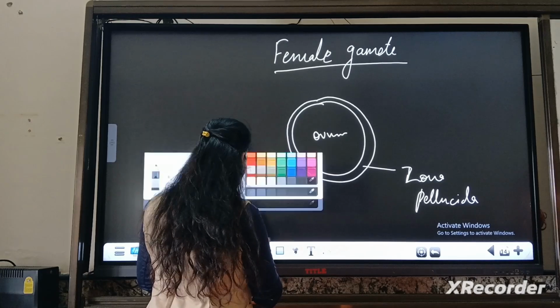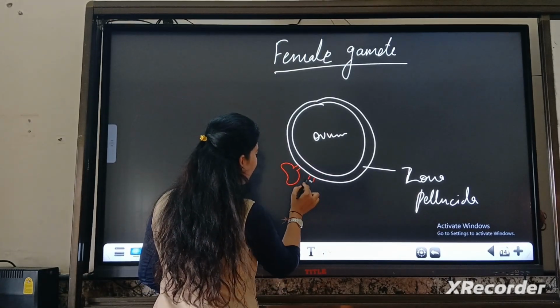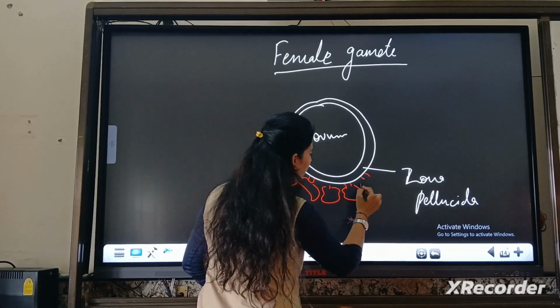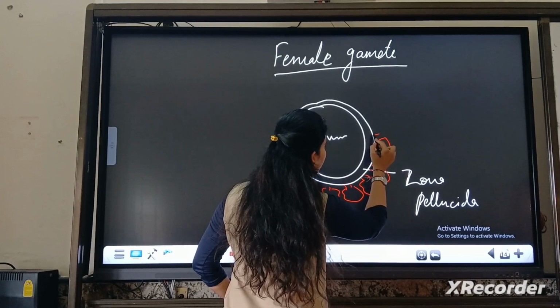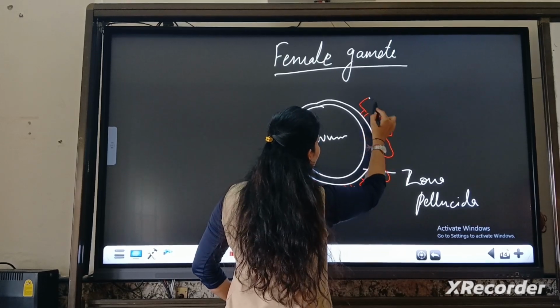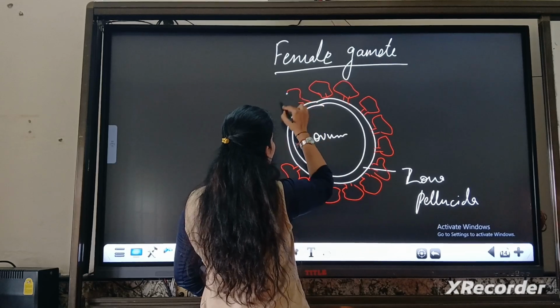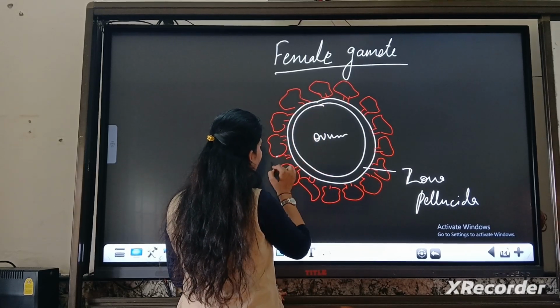Outside this zona pellucida there are blood cells present. It means this ovum is surrounded by a number of blood vessels or blood cells. This is the structure of the female gamete, the ovum.